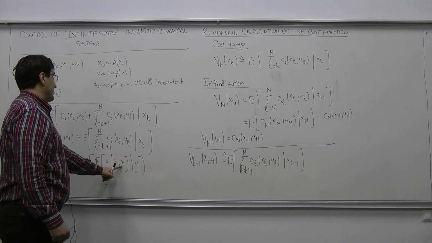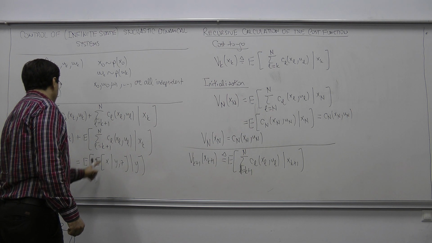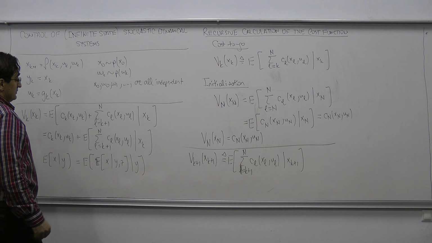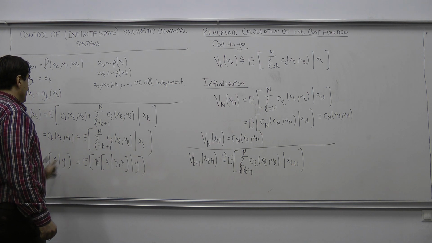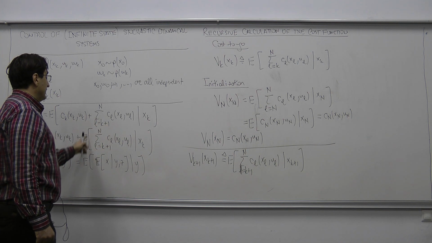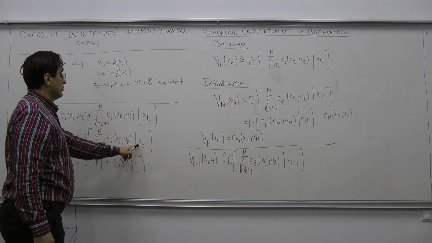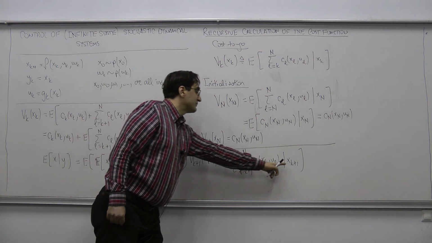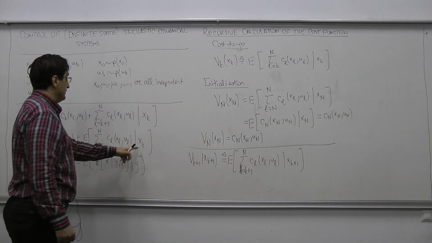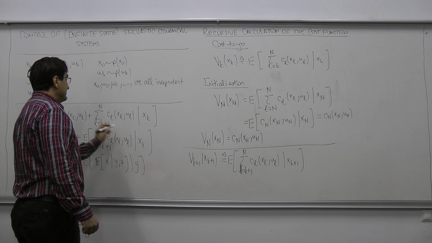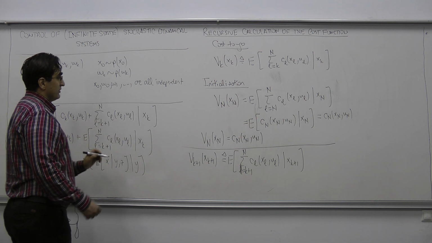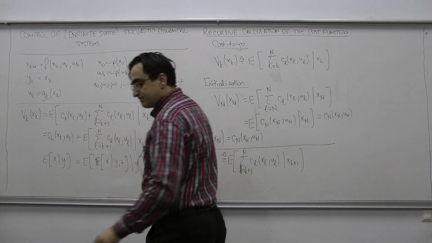For any random variable z, I can write such an iterated expectation. And here, in order to get xk plus 1 into the given condition, I will add an additional expectation into this expectation. Okay?